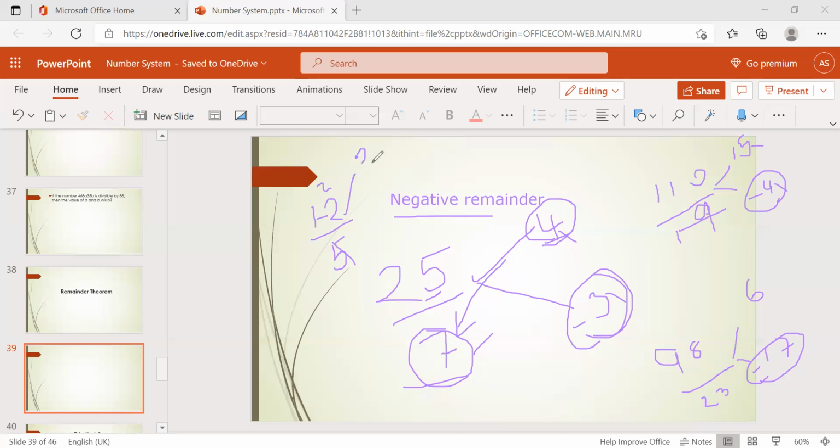The remainder will be 2. That 10 is the lesser value. But if you take 5 into 3, which is 15, the remainder is 15 minus 12, which is minus 3. See, this 3 and 2 add up to 5. Is it clear? Right?